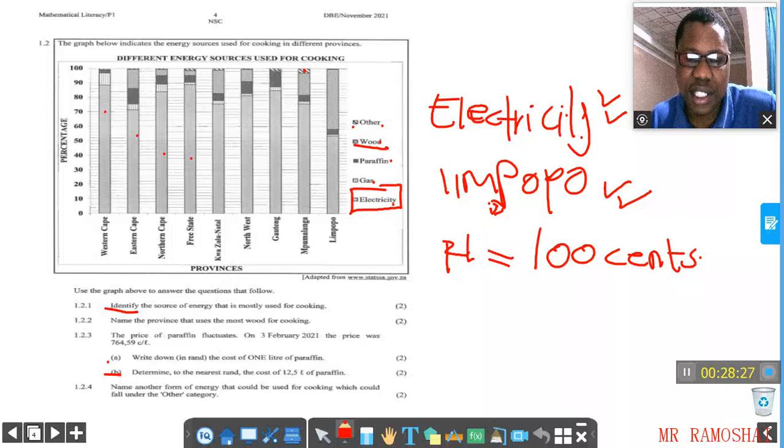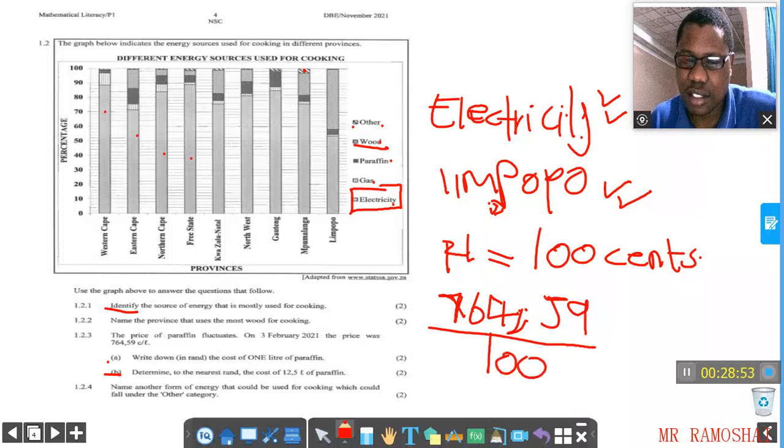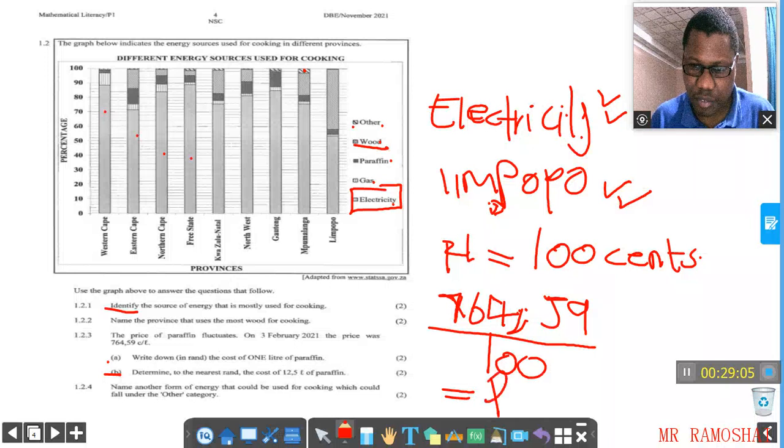So here we will just take 764 comma 59 divided by 100, which equals 7,6459.